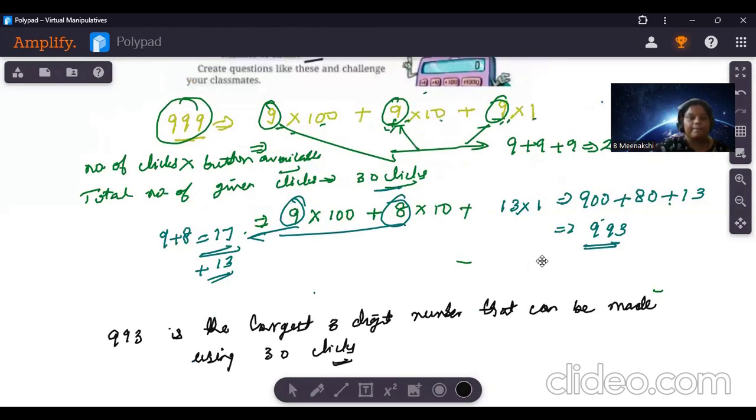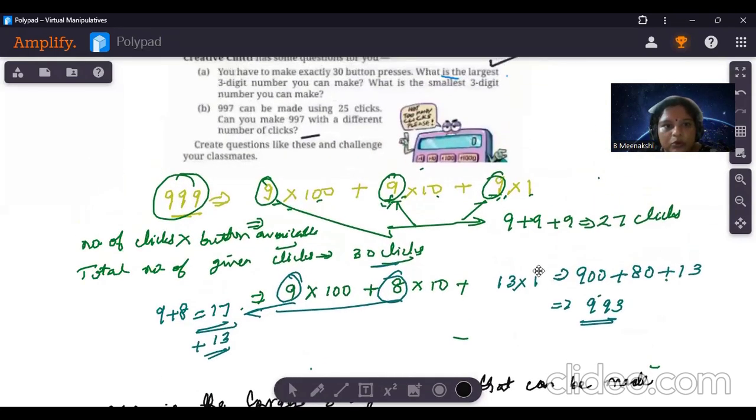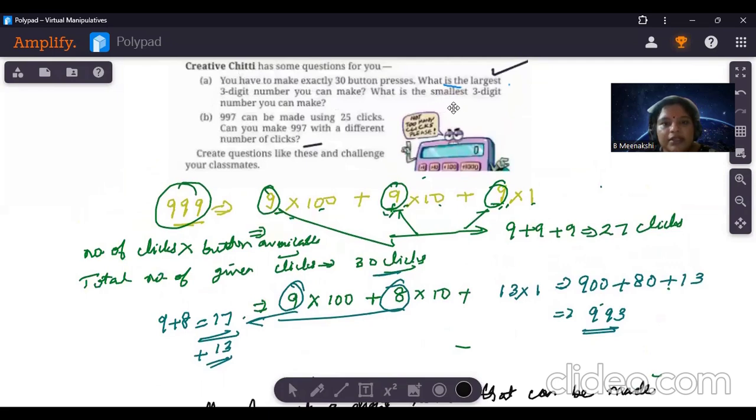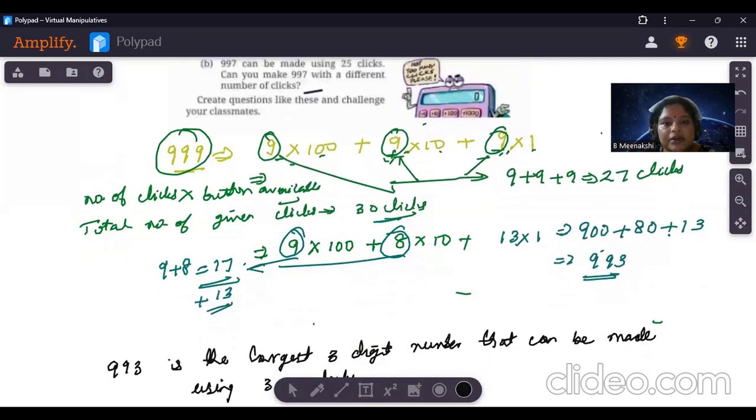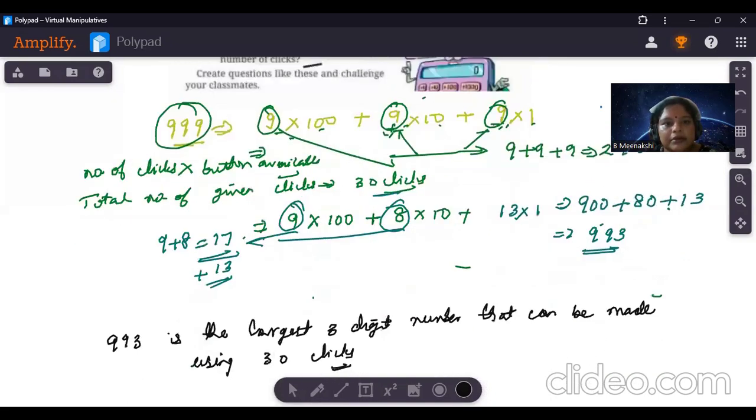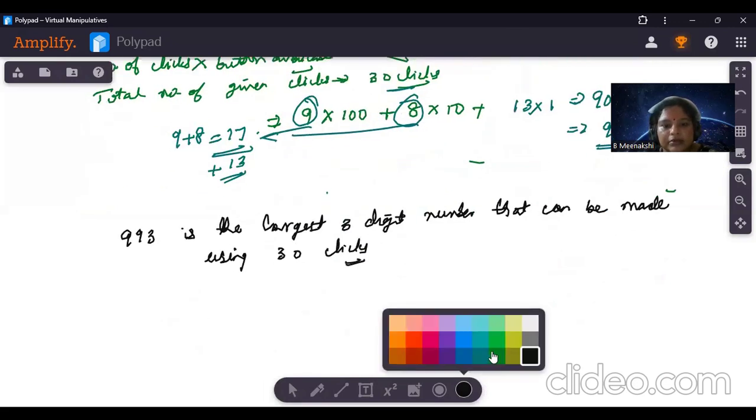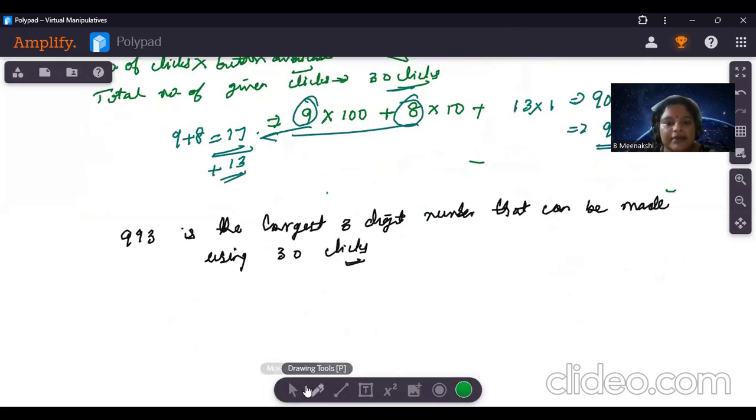Now, they've asked what is the smallest three-digit number that can be made using the 30 clicks. Using the same 30 clicks, they want the smallest three-digit number.